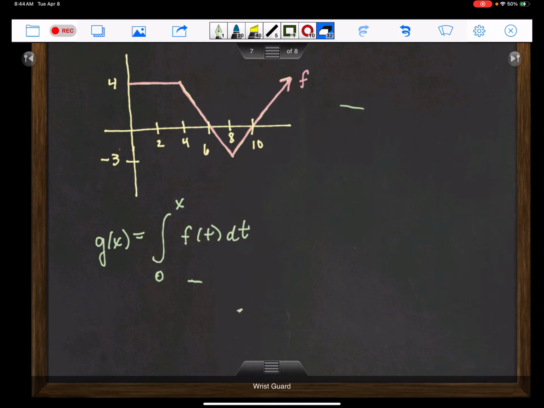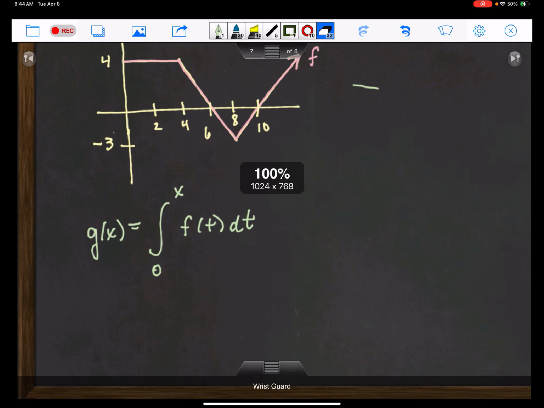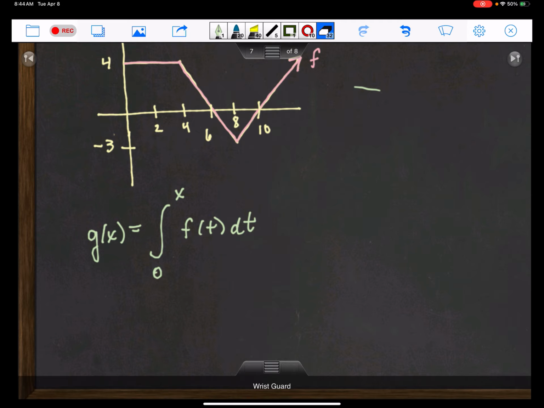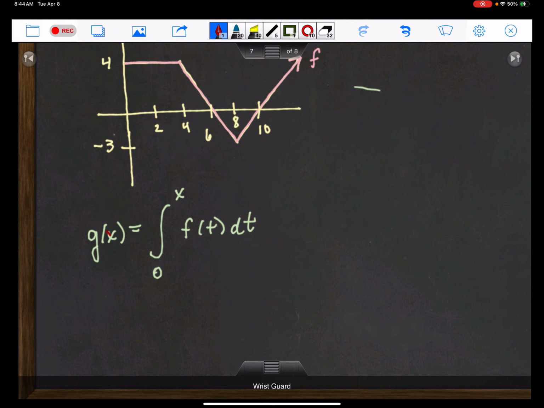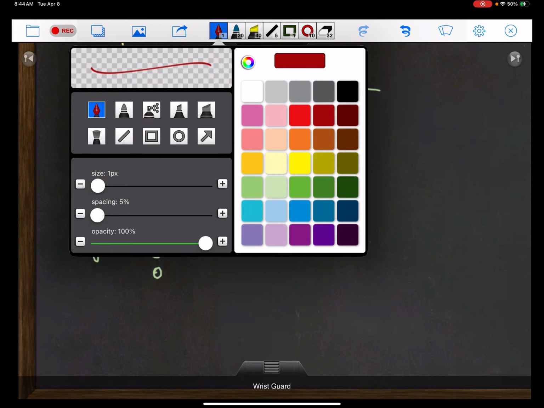So this is accumulating area in this particular graph for different values of x. So notice that our endpoint, this g is a function of this right bound. So we could see some quick examples.